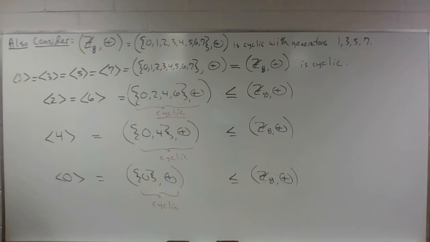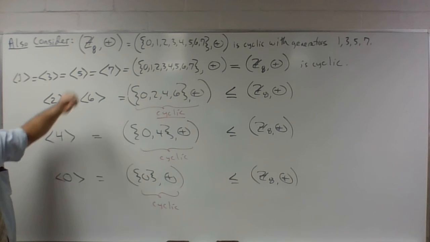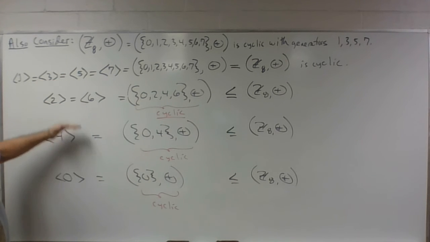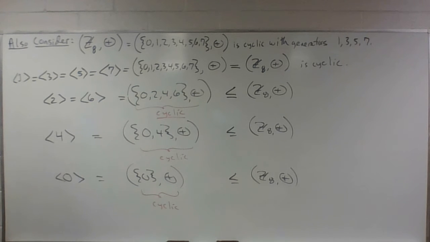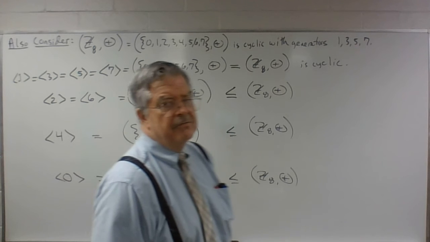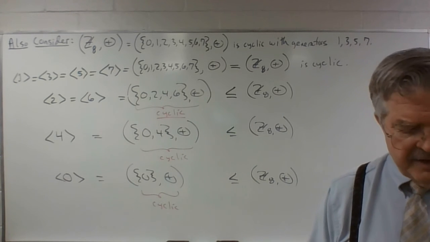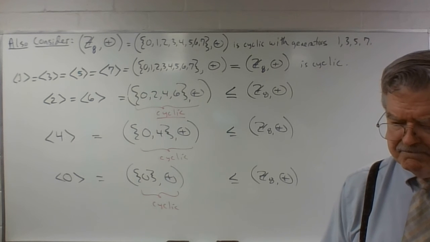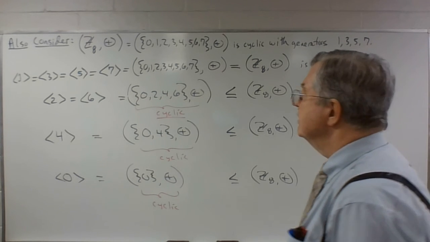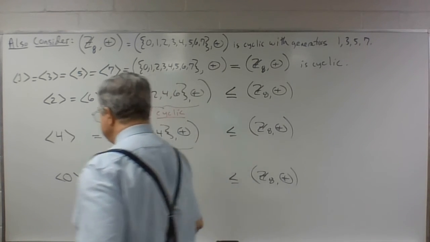So again, something interesting. We have a cyclic group and all of its subgroups, and these are all of the subgroups, are cyclic. So that would lead us to make a conjecture. Let's write down the observation first.